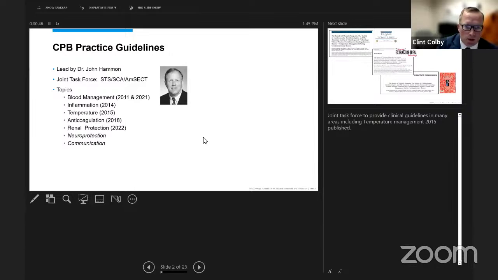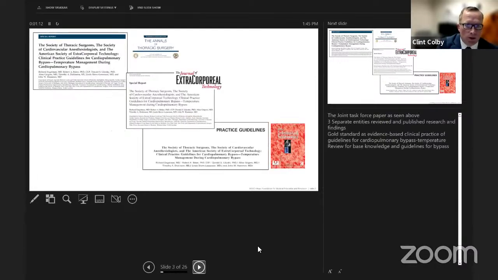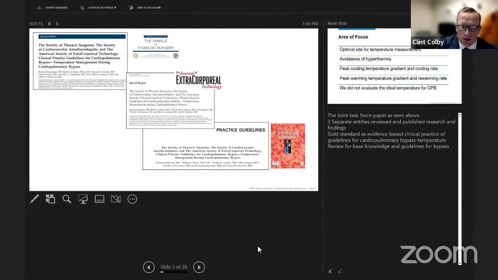It was formed as a joint task force by Dr. John Hammond, and he wanted to set up some guidelines here in the United States to guide perfusionists in their practice. In 2015, they released a guideline and paper, and it was reviewed and published in three different journals here in the United States as guidelines for temperature management for cardiopulmonary bypass.